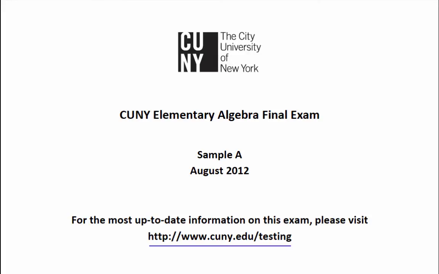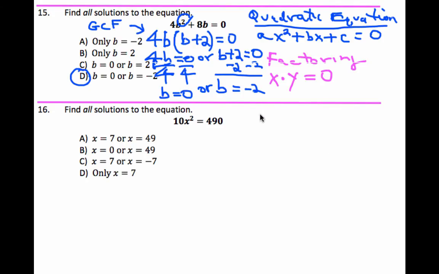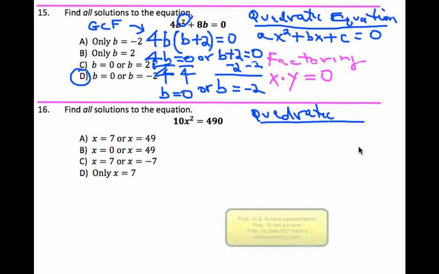Again, I encourage you to download this sample exam if you haven't already from the following link. Problem 16, like problem 15, contains a quadratic equation, but there is a difference. If you notice in problem 15 as well as 16, we have an x squared term, but there is no x term in problem 16.